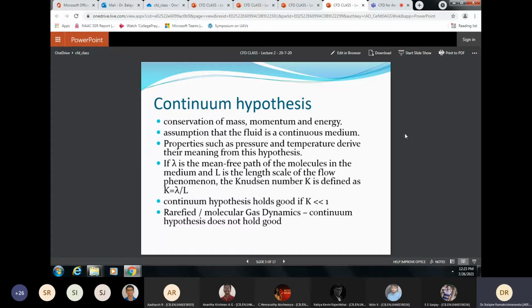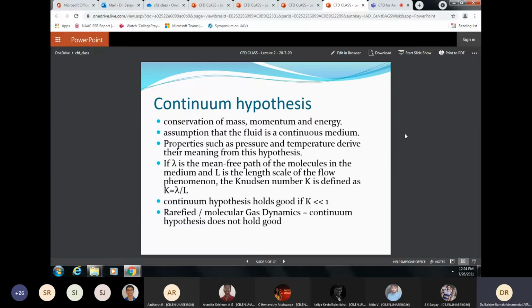That itself is a statistical method. But it will take enormous computational resources if you want to do it for every molecule. So the statistical method of Boltzmann and Maxwell-Boltzmann will tell you how to simplify that calculation. Even for rarefied gas dynamics, you don't do it for every molecule, but selectively choose those parameters and work your calculations.